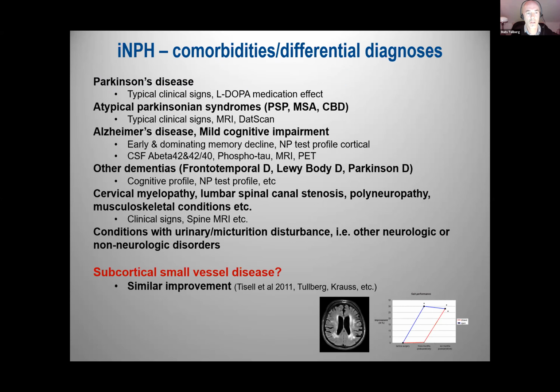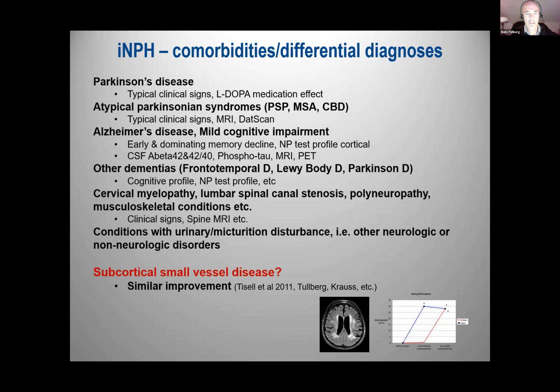The atypical Parkinsonian syndromes, especially PSP, are usually a larger problem in the clinics because those patients can show similar signs. But we can look for typical clinical signs like vertical gaze paresis. We can also use MRI or DAT scan to get deeper into that differential diagnostics.